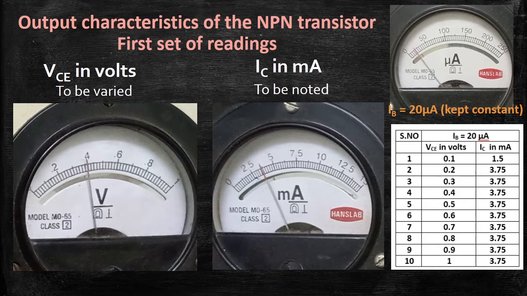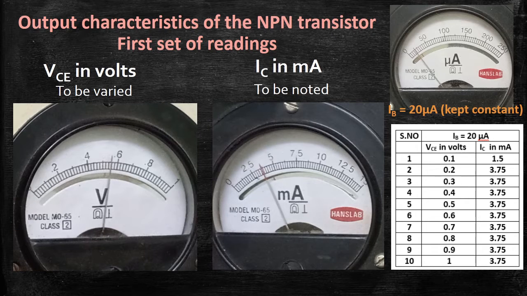Note down the reading, no change. Again it shows 3.75 milliampere. Okay. Now I am going to increase from 0.4 to 0.5. Again there is no change in the IC. Are you clear? Again it shows 3.75.